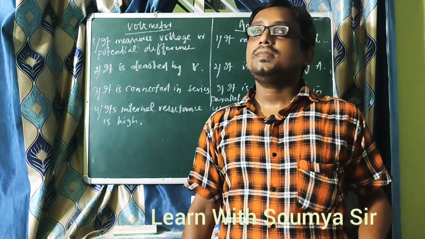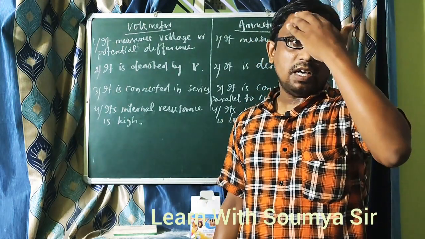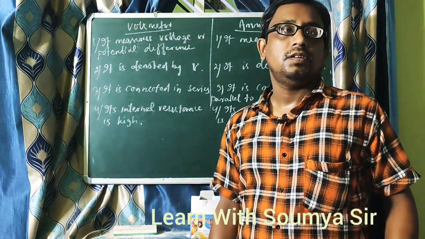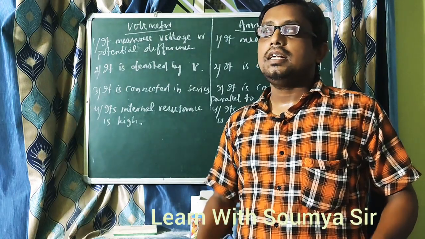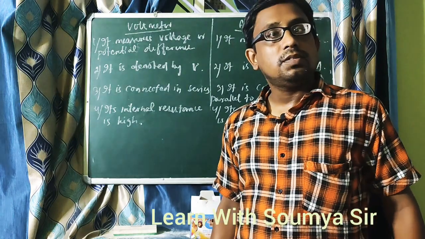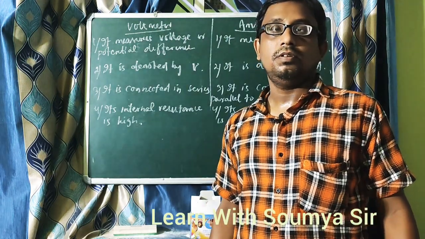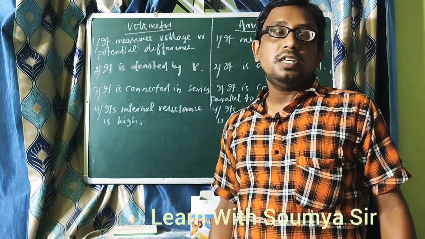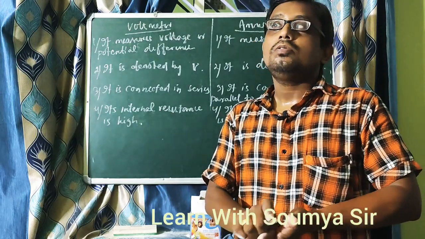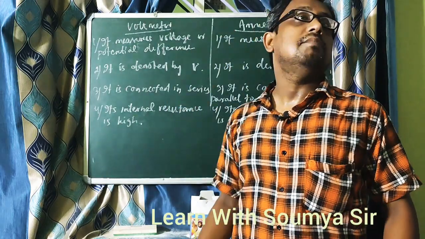Now, some students are asking, sir, can we use a galvanometer to see whether current is flowing or not, or can we measure current with a galvanometer? No, because a galvanometer is an instrument to detect a very small amount of current which cannot be measured by the ammeter.